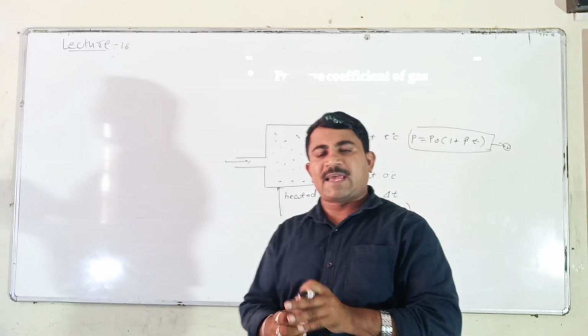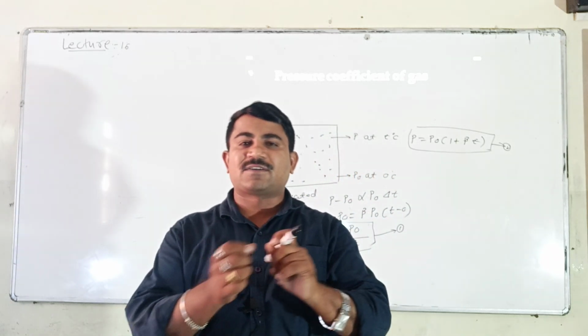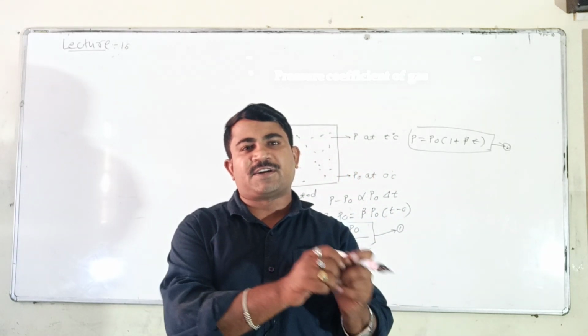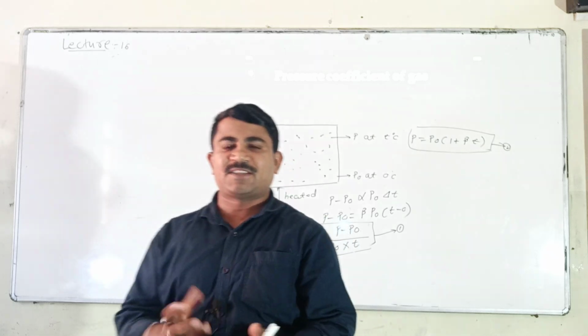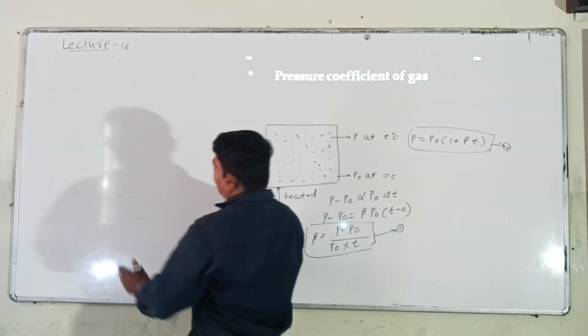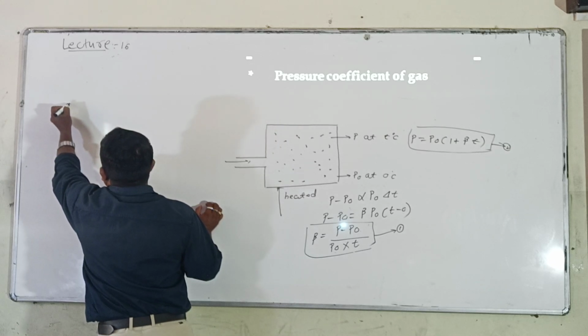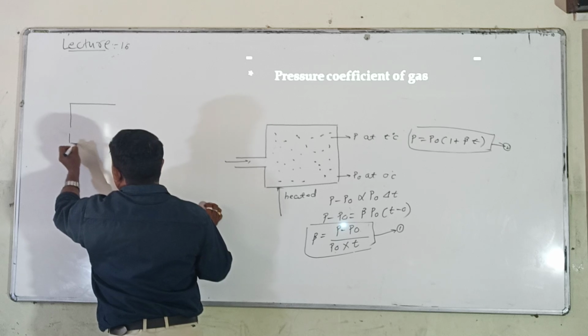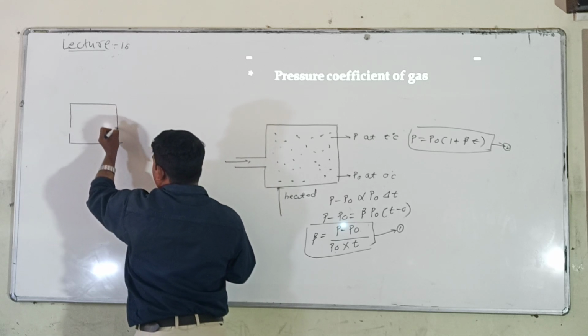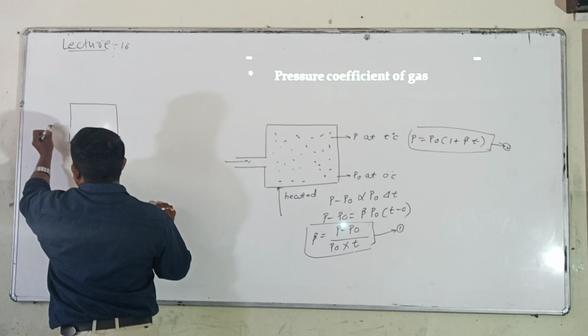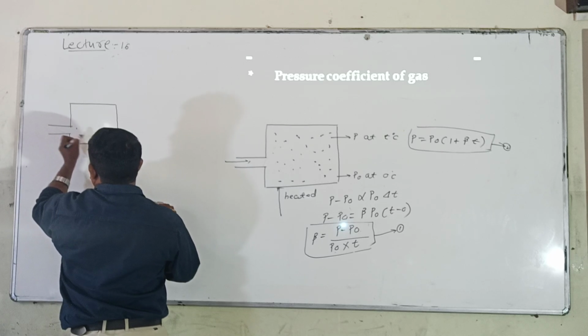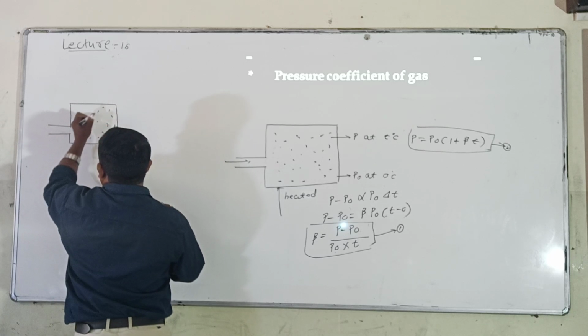Now, the same gas I am going to heat at T1 degree Celsius and T2 degree Celsius temperature. Same amount of gas I am taking in a container. This is the container, and in the container I am taking a perfect or ideal gas.